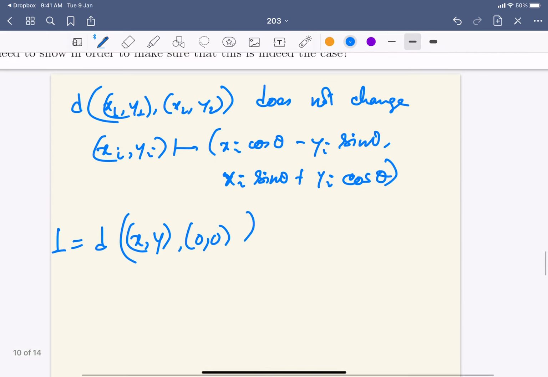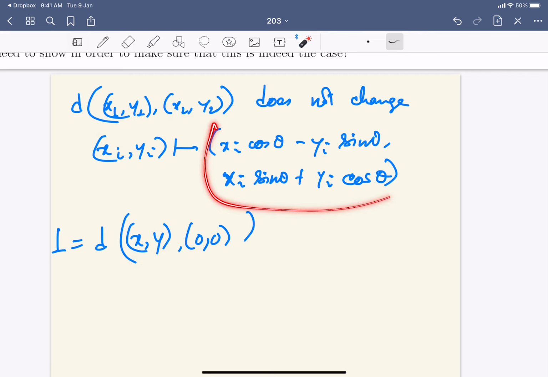So think of this point as x1 y1 and think of the origin as x2 y2. Now if you replace x y by x cos theta minus y sin theta, then x sin theta plus y cos theta, and apply this transformation to 0 0, you end up getting 0 0.